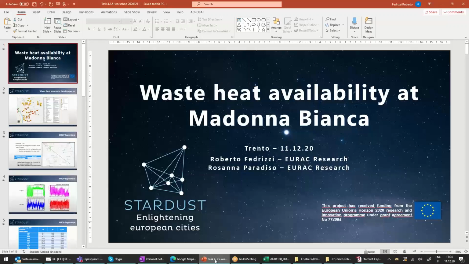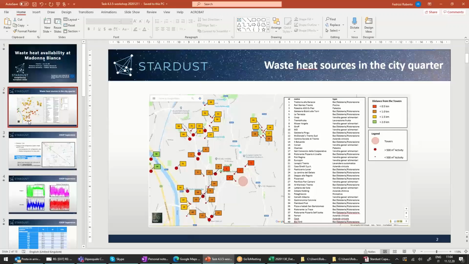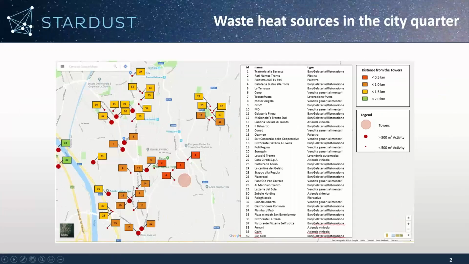And now in full screen mode, this on the map, what you've seen already 1 minute ago on the screen, is the place where the 3 towers are located, and the different squares in colors are a number, 40 by the way, of productive sites with potentially waste heat rejected into the air today.